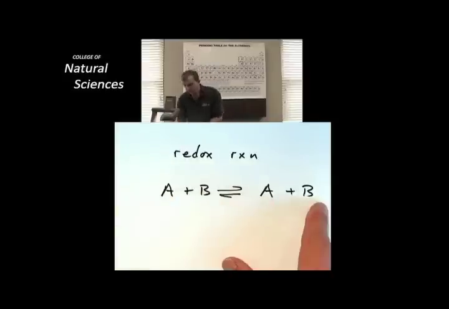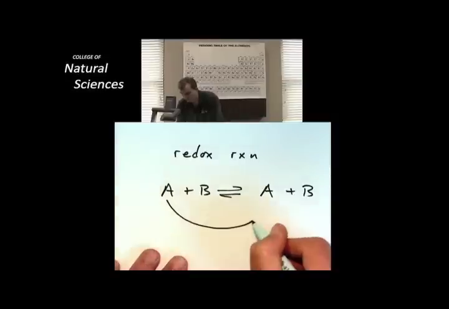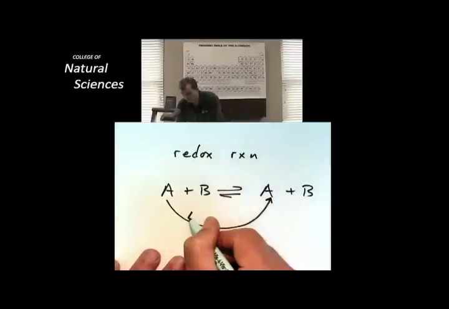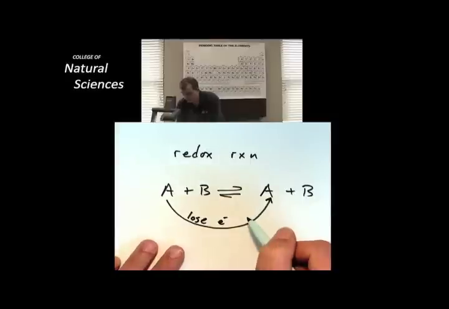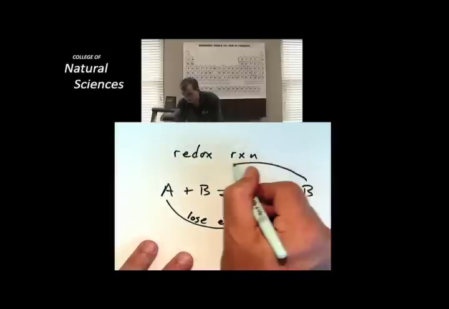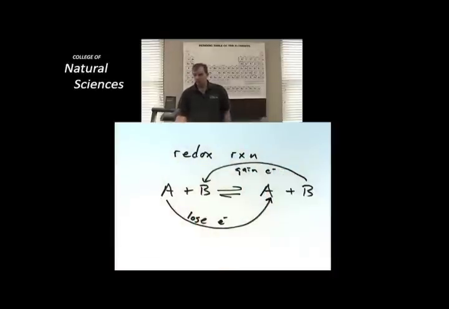And one of those sets of atoms is always going to do one thing, and that's called lose electrons. And one of those sets of atoms is always going to do something called gain electrons. That's a fact for redox reactions.